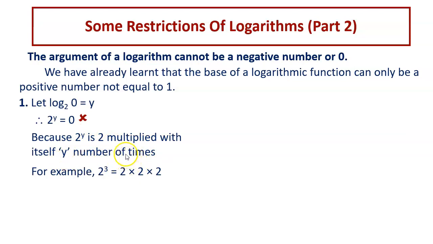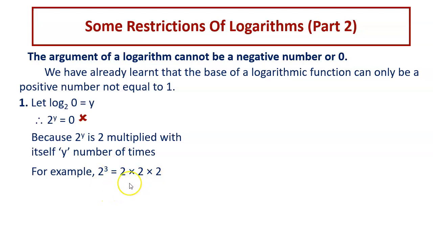Just as we have multiplication as a substitute for repeated addition, we have index or exponents as a substitute for multiplying repeatedly. Instead of writing 2 times 2 times 2, which needs more space and more time, we write 2 to the power of 3.